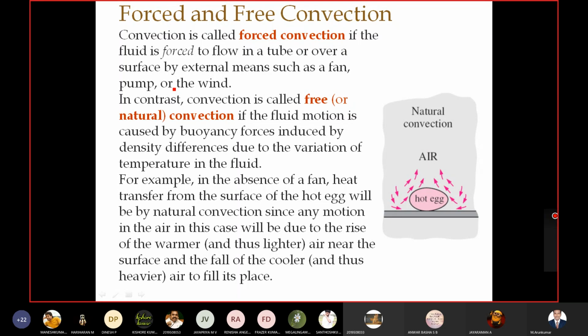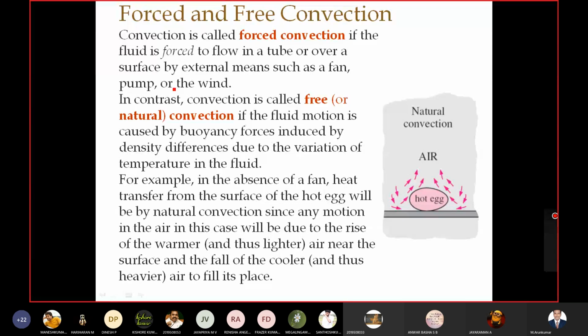So due to the density differences, the liquid with higher temperature has less density, and the one with lower temperature has more density, right? So due to this temperature-density difference, some buoyancy forces will be induced. These induced forces will give you the natural convection.